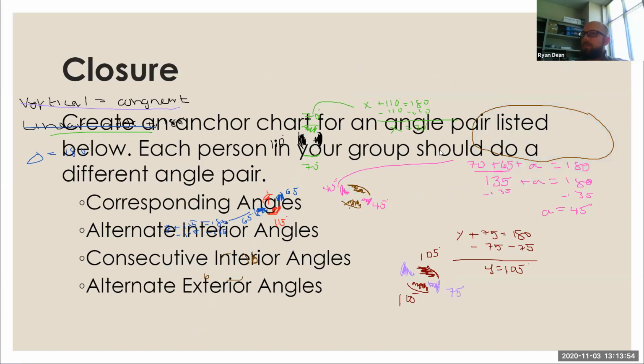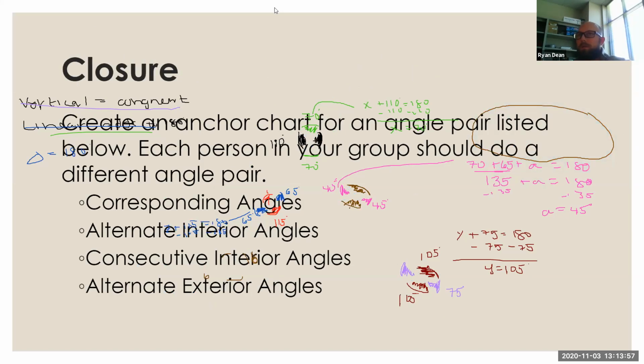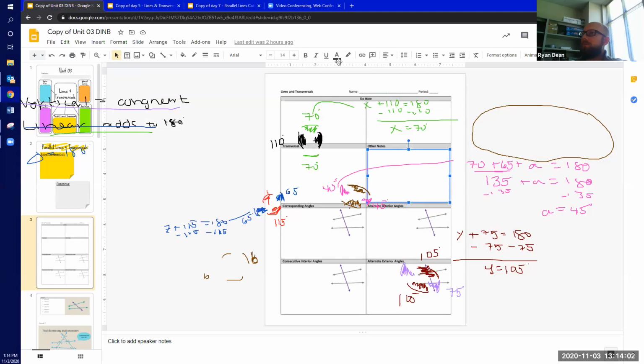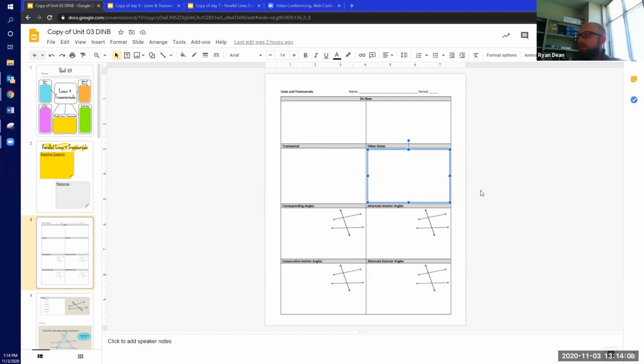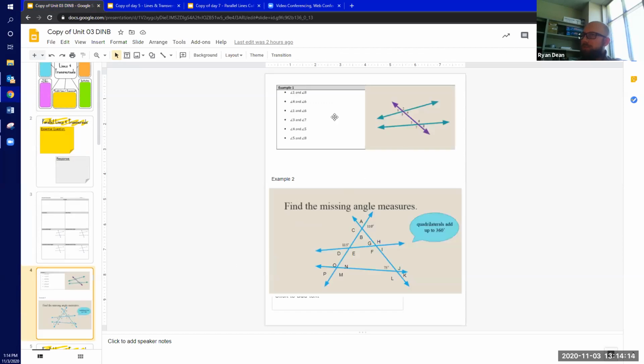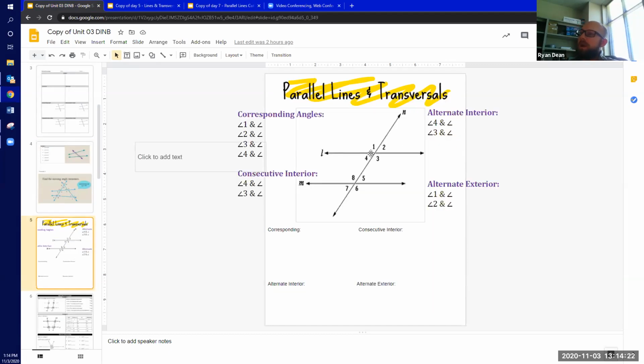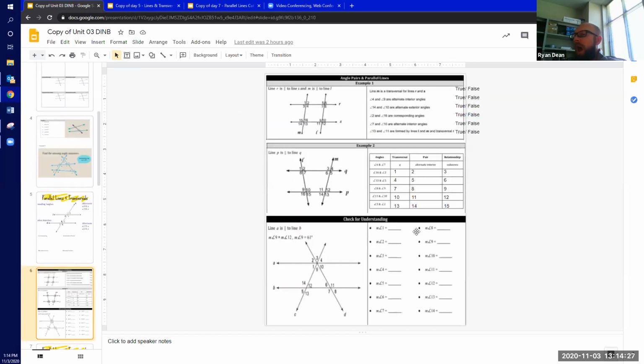So lots of things going on here in this unit. Let me get rid of this real quick. Make sure that you fill in your definitions. Here's your examples. All these have text boxes that go with them. What you're going to see is we're going to start doing a lot of figuring out angle pairs, and then figuring out what the missing angle measures are.